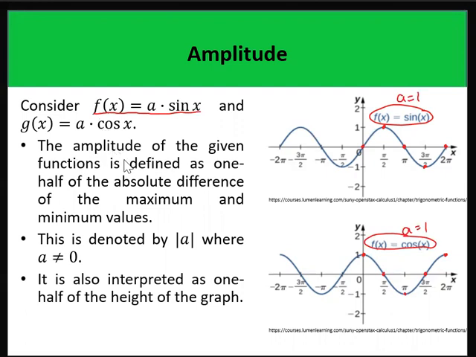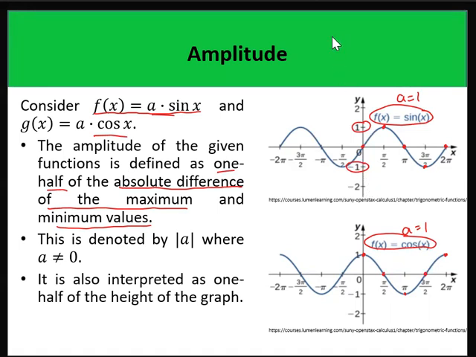The amplitude of these given functions is defined as 1/2 of the absolute difference of the maximum and minimum values of the function. So if we go back to the basic sine and cosine function, the maximum value is positive 1 and the minimum value of the function is negative 1.